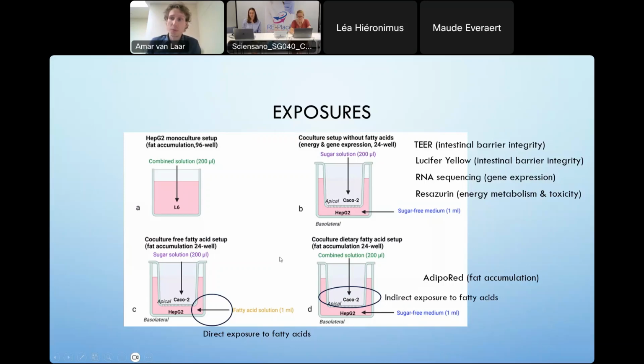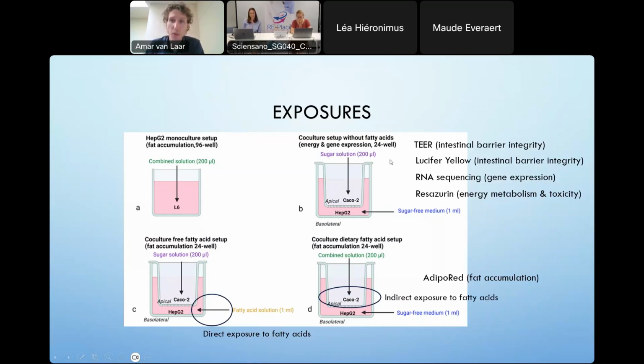We're also testing combination of sugar and fatty acids, in our case a mixture of oleic and palmitic acid. And then finally a setup in which the sugars are added to the intestinal cells and the fatty acids directly to the liver. We measured different parameters, so TEER as discussed for intestinal layer integrity, also Lucifer yellow.